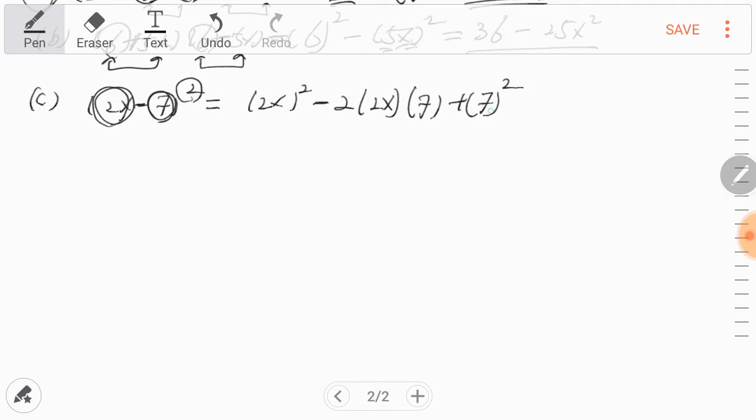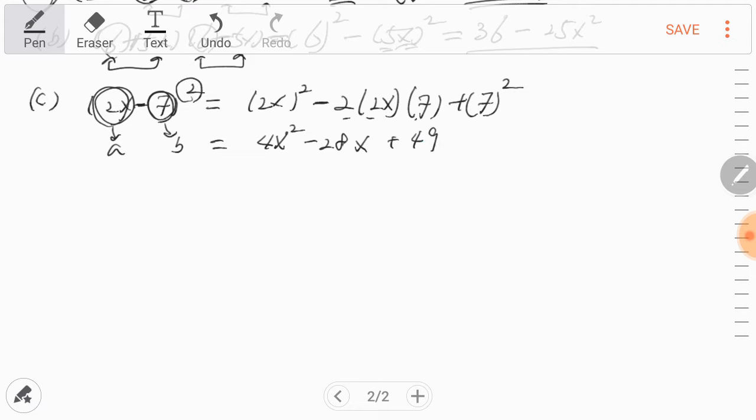So a squared minus 2ab plus b squared. Then 4x squared minus 28x plus 49.